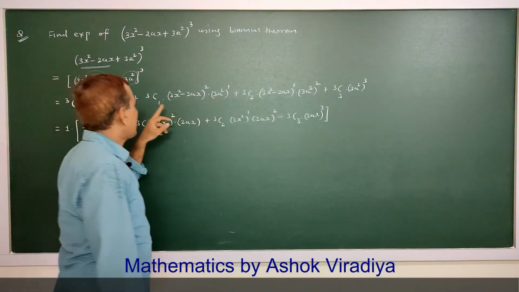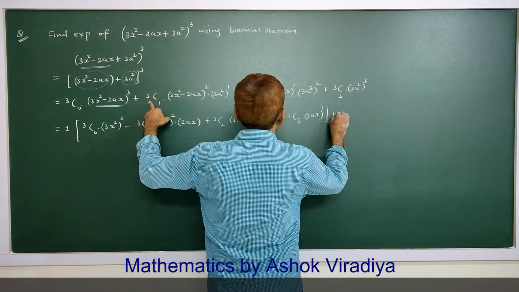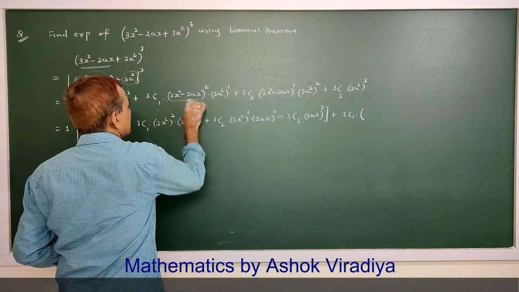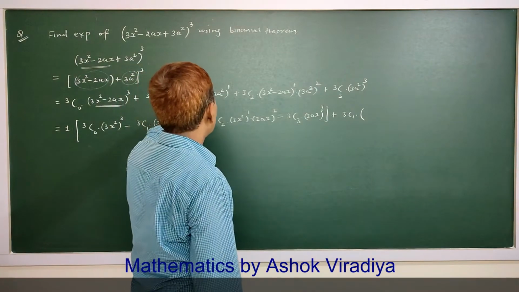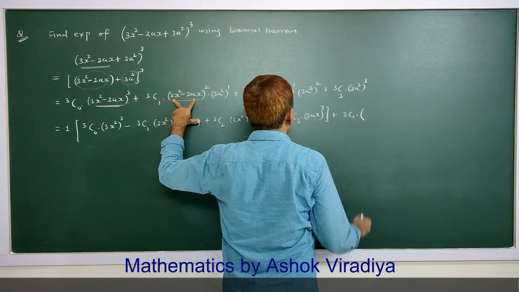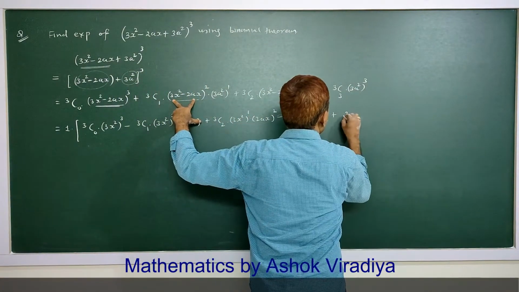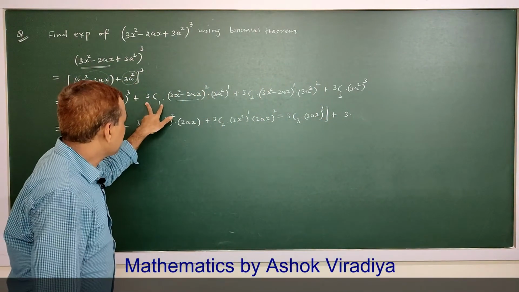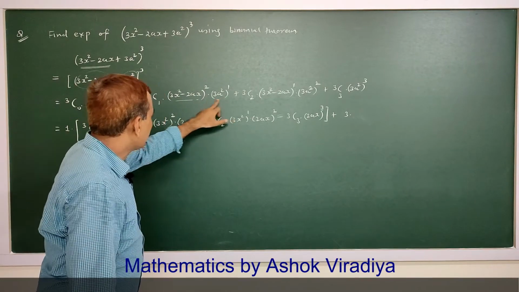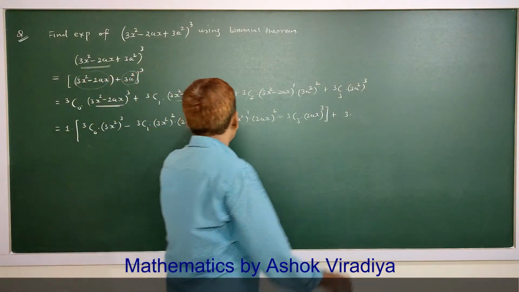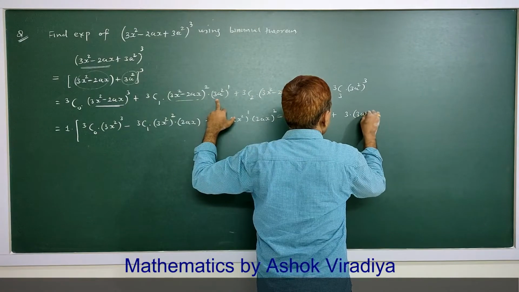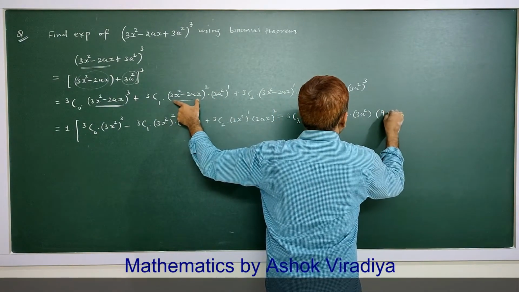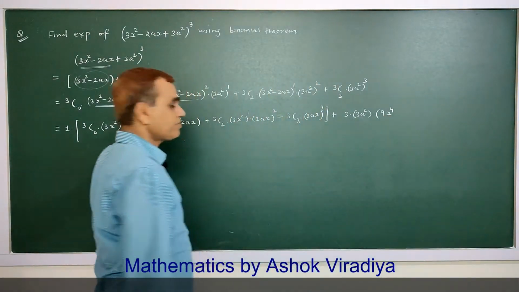These numbers we keep as it is, plus 3C1 into here (3x square minus 2ax) whole square. 3C1 we can give 3 into, this is 3 into 3a square, that is 9a square. So 9a square into the expansion of this: 9 times x raised to 4.